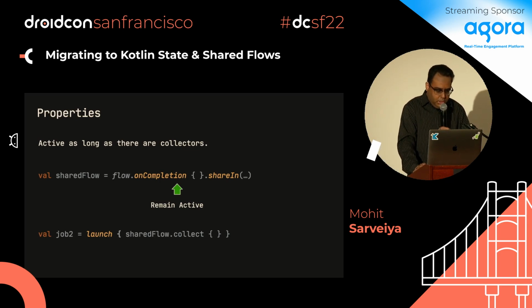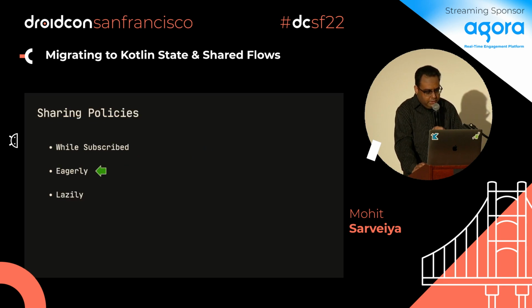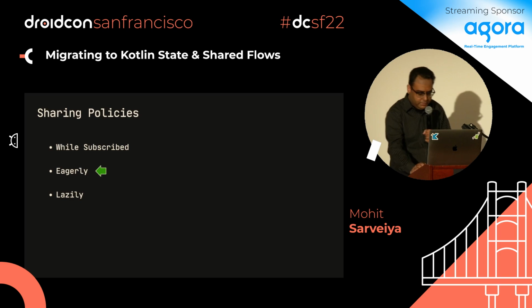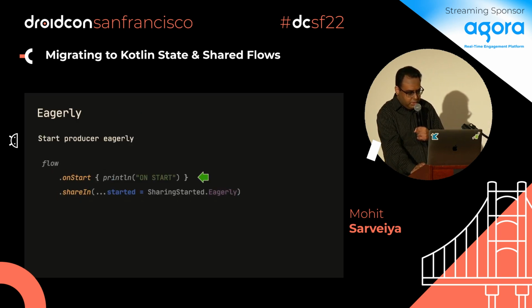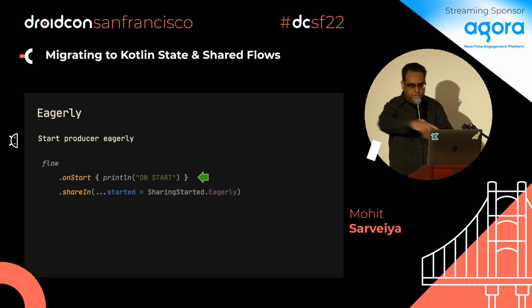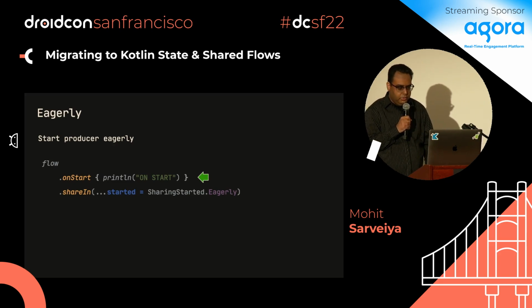So that's important to do, because if you don't clean up properly, then you will get problems. The other sharing strategy is called eagerly, and suppose that I specified that. The way this works is that when you create, like in a class, this flow like this using share in, it is going to start the upstream flow right then and there.